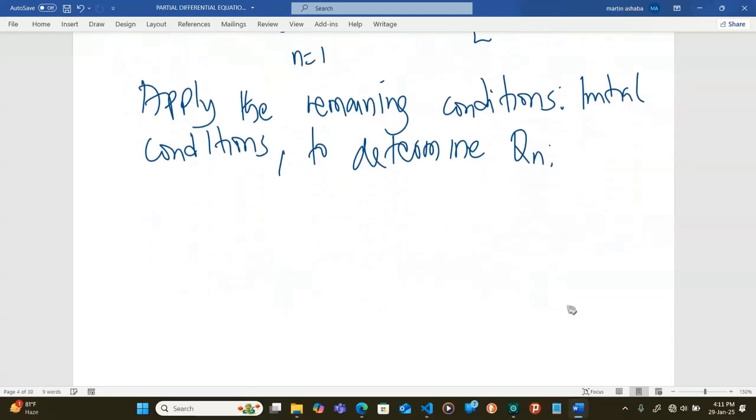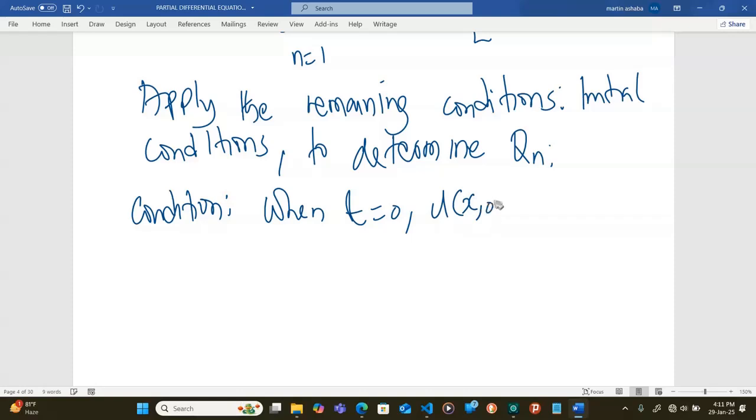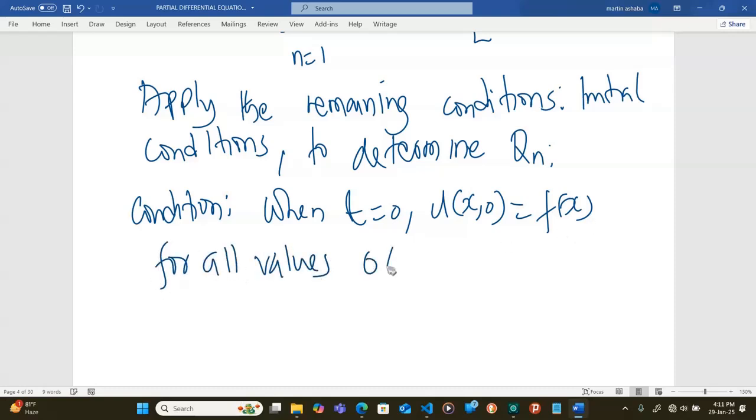But remember, we can be given a condition that when t is equal to 0, then u(x,0) is equal to a function of x, and this is true for values of x between 0 and L. That's what we are saying.